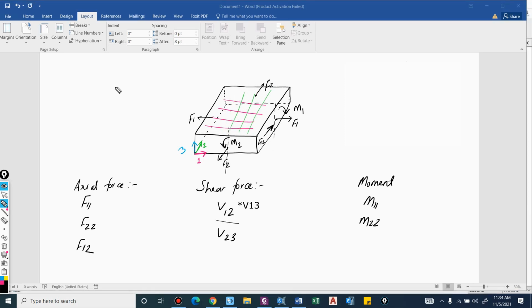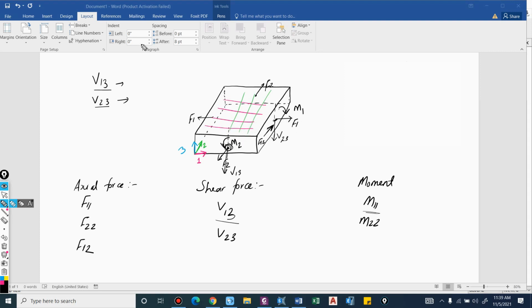As we know, the shear strength of concrete depends upon the percentage of area of steel in the concrete. So we have rebar in two directions and we also have shear force in two directions. Which of the rebar will help to counteract the shear force? As you can see, V13 is the shear force along plane 1-3 and V23 is the shear force along plane 2-3, and for resisting the shear force the bar should be perpendicular to the plane.